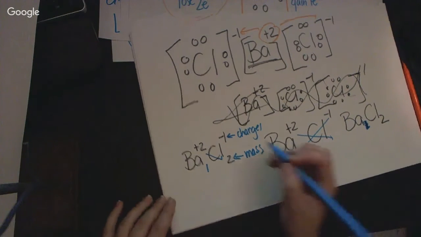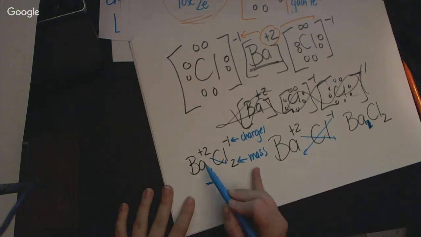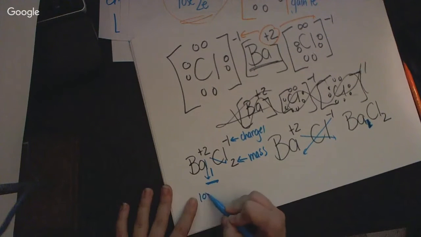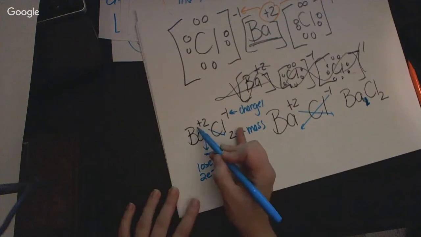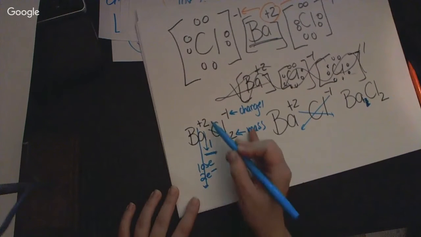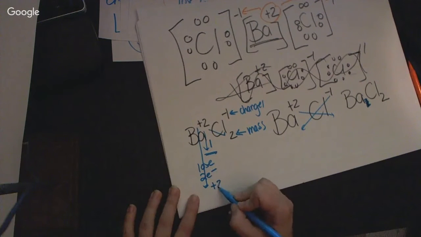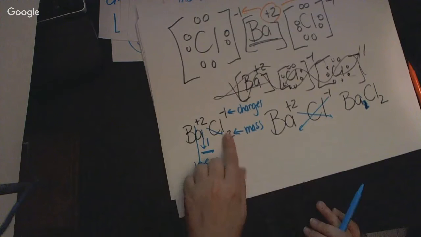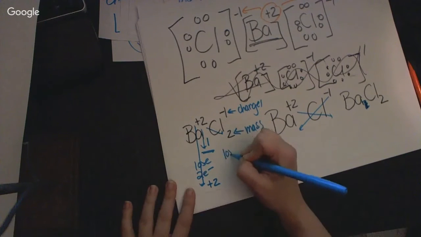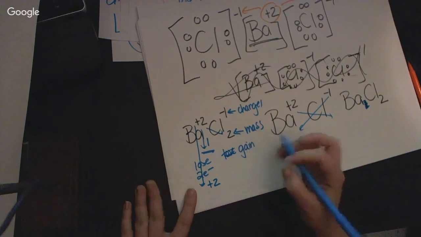Because if you were to take a look at this, you have 1 barium, and 1 barium is losing 2 electrons. And if you talk about this in terms of charge, well, this +2 distributed over this 1 would be like +2. This chlorine, 1 of them is losing 1 electron, but you have 2 of them, which means that you are, I didn't mean to say lose, gaining.